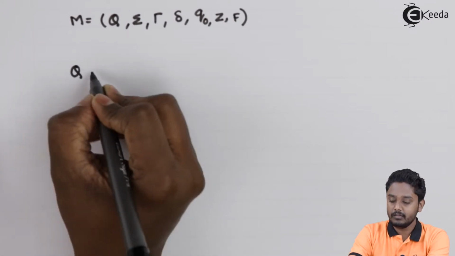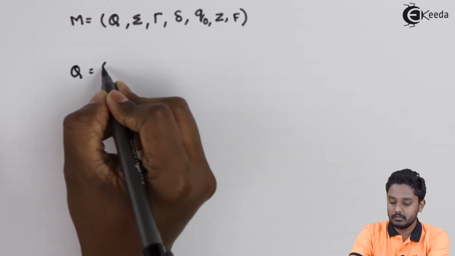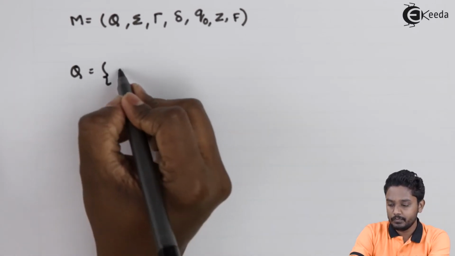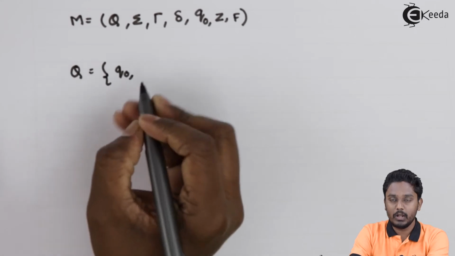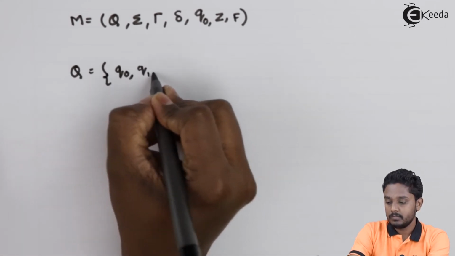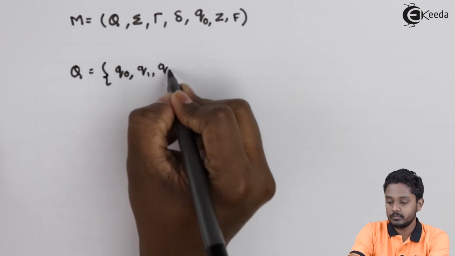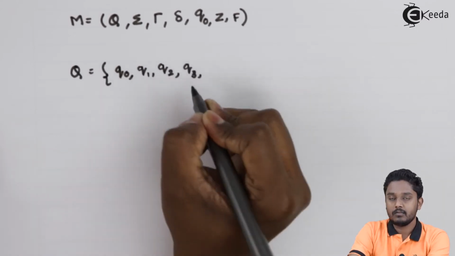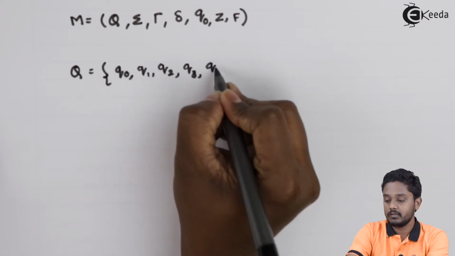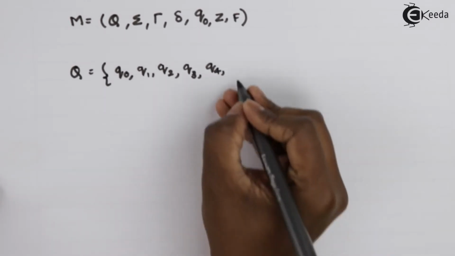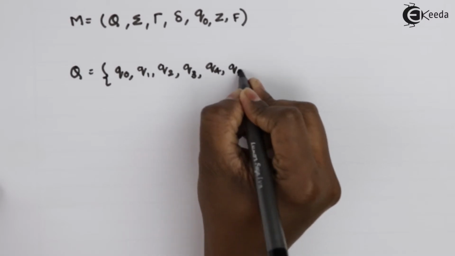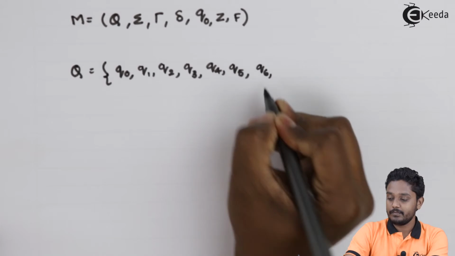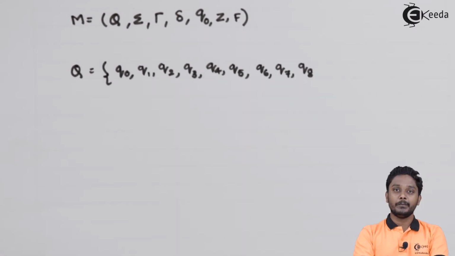Q will contain Q0, Q1, Q2, Q3, Q4, Q5, Q6, Q7, Q8 and Q9.